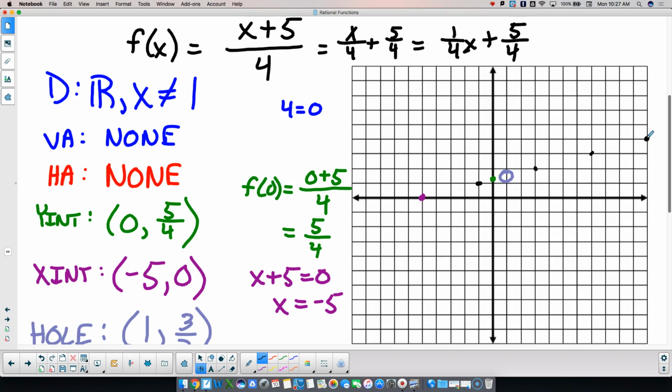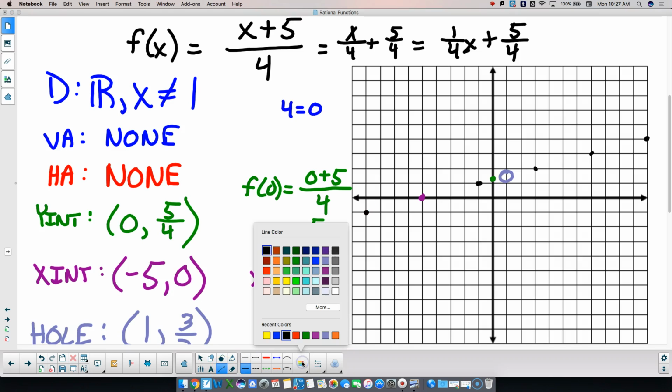What if I don't like going up and right? Down and left. Okay. All of those black dots we could have used as points in our T-chart. If you didn't see that it was a line, that's fine, but you could have done those as your points.